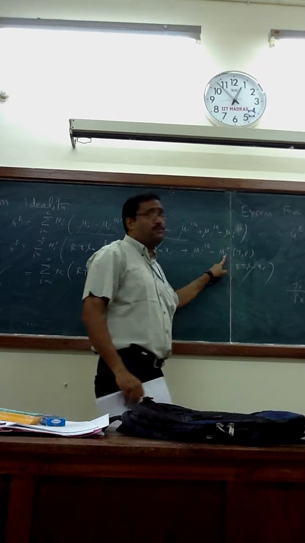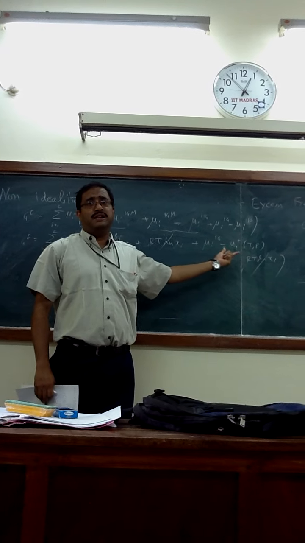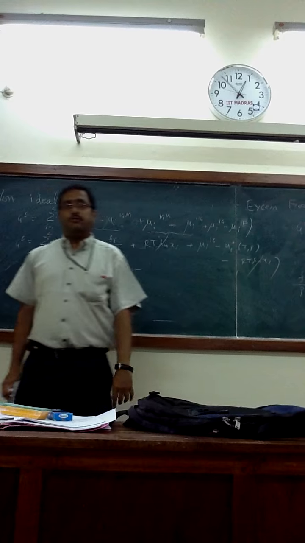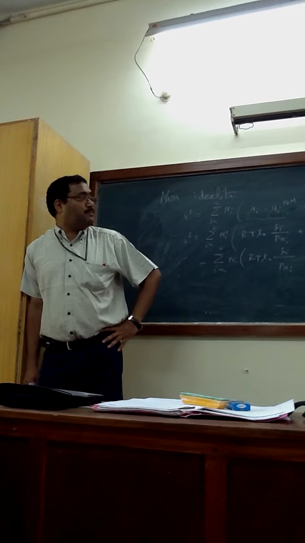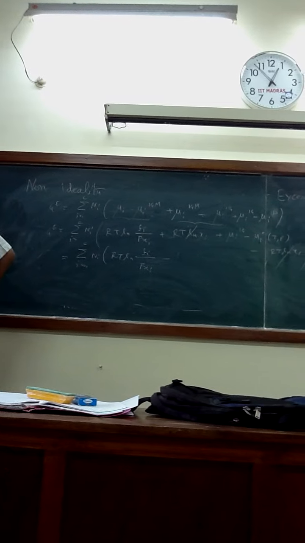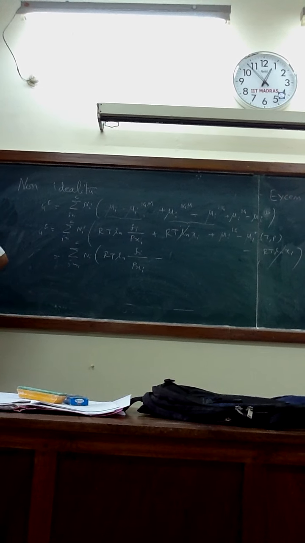Mu i star depends on the pure substance, right? Can you have any relationship here? Let's see, who can tell me? Mu i star is a pure substance. Mu i is ideal gas.